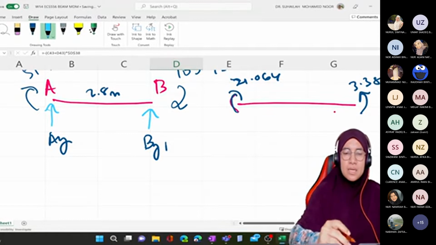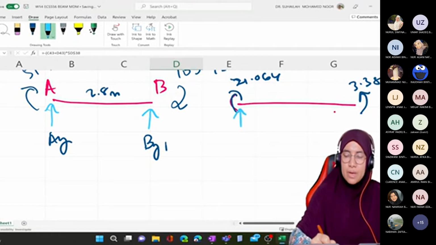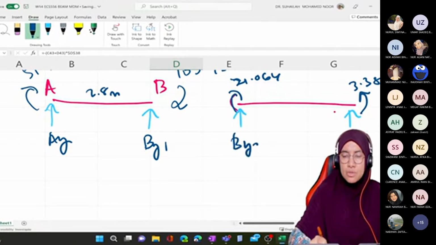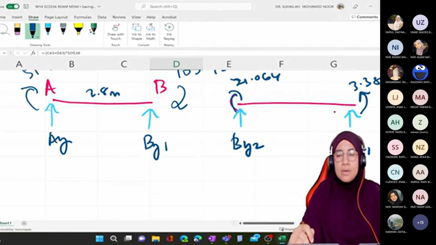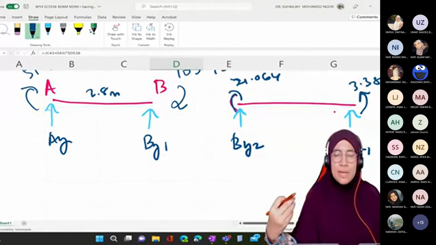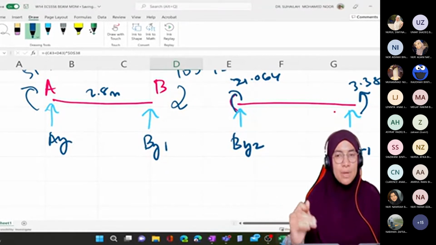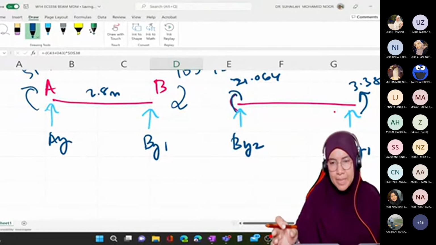Again, dekat sini we call this BY2 and CY1. So we apply static equilibrium for member BC. It is just like we analyze a simply supported beam. We can get BY2 and CY1.